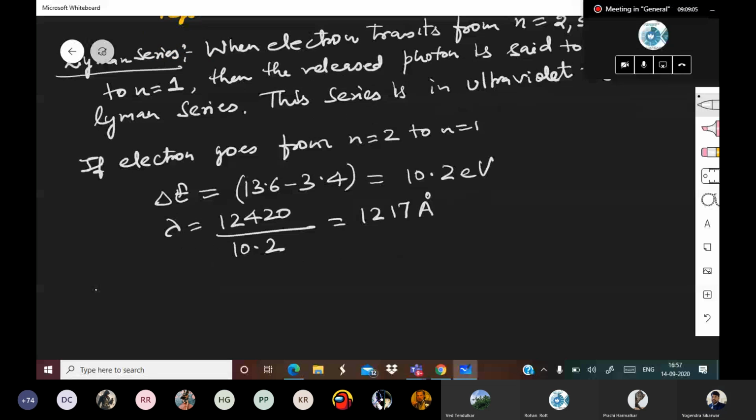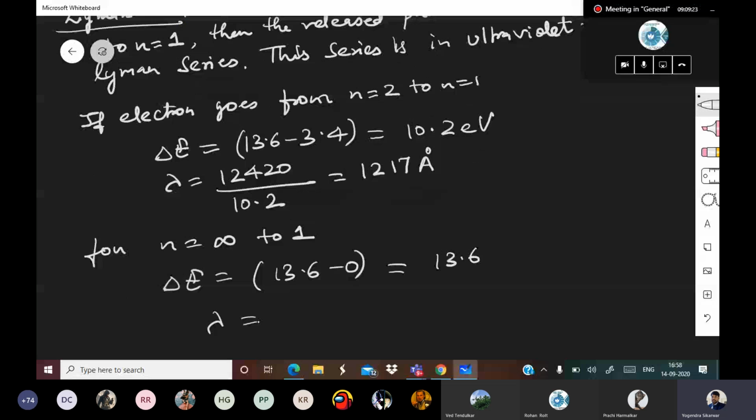Now for n is equal to infinity to 1, delta E in that case will be 13.6 minus 0, that comes out to be 13.6.